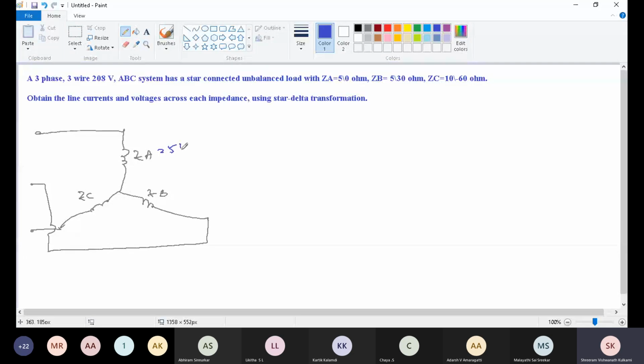ZA is 5 angle of 0, ZB is 5 angle of 30, ZC is 10 angle of minus 60. This is ABC, nothing but RYB. This is the neutral point. Three wire, three phase system. We need to transform this one to delta.